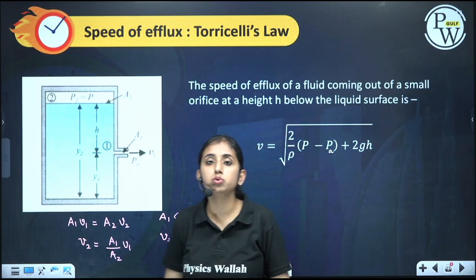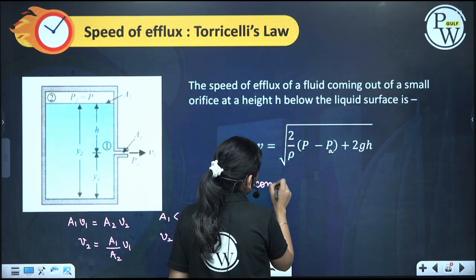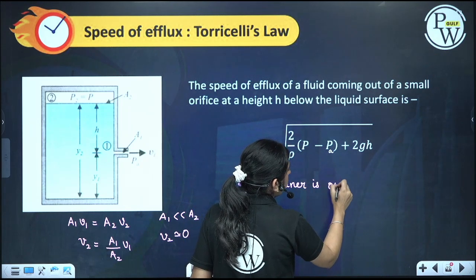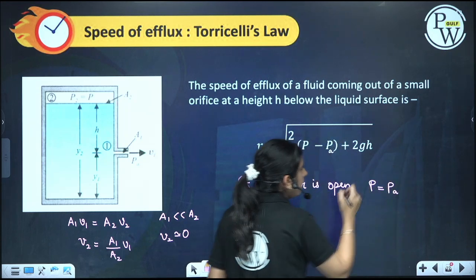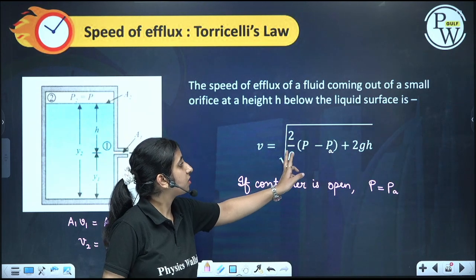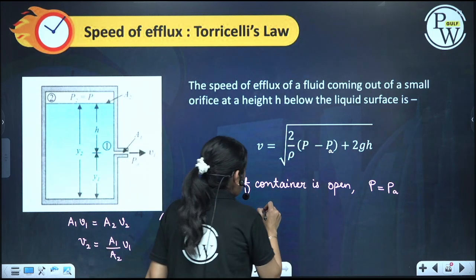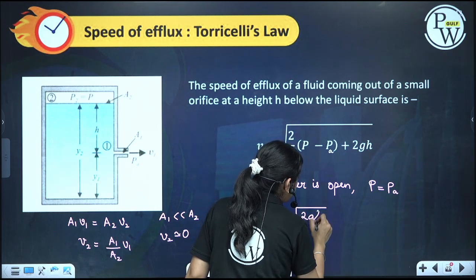Now if the container is open, then P will be equal to P atmospheric, so P minus P atmospheric becomes 0. So velocity is equal to under root 2gh.